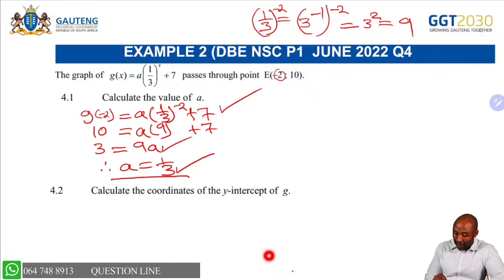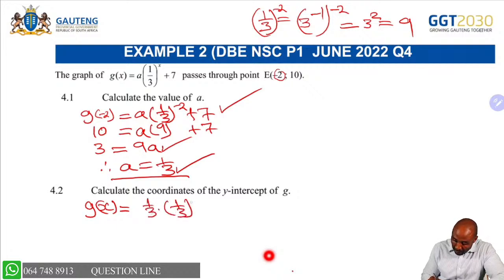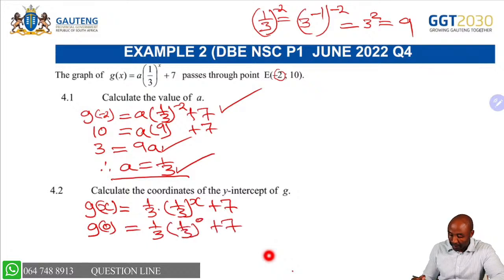We have found the value of a as 1 over 3, so I can now write my function as g of x is equal to 1 over 3 times 1 over 3 to the power x, plus 7. To find the y-intercept, I know that my x is equal to 0, so I'm evaluating g of 0, which will give me 1 over 3 times 1 over 3 to the power 0, plus 7.